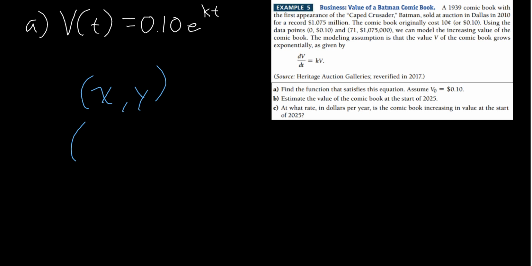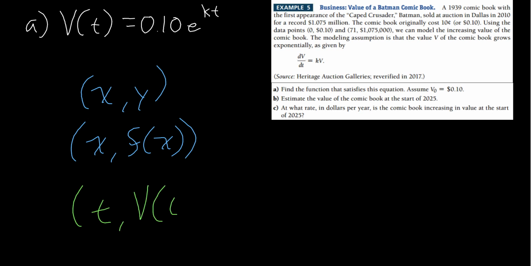We also know that could be thought of as x and f of x, right? Well, for this particular function, we're given a t and then v of t. Again, the same xy that we're familiar with, except now it's in terms of t and v of t.